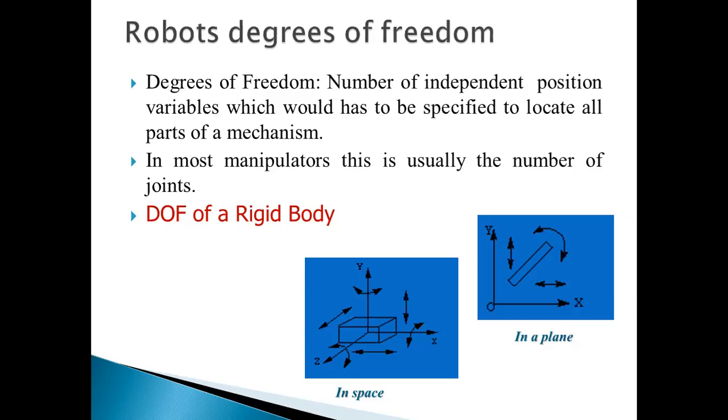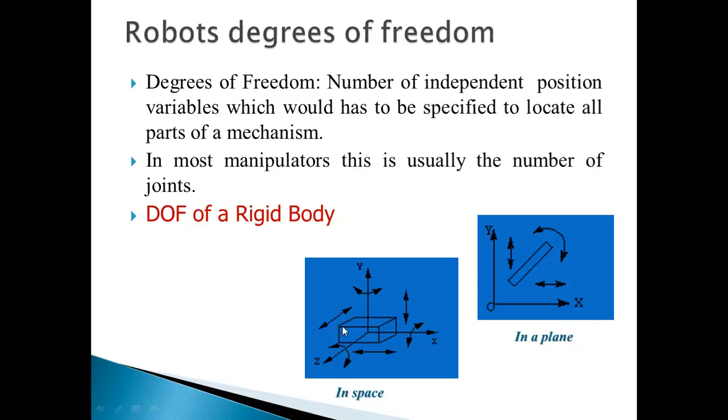In the simplest way, consider the degree of freedom of a rigid body. For example, in planar motion, the link can move along the x-axis direction, along the y-axis direction, or rotate clockwise or anti-clockwise in a plane.